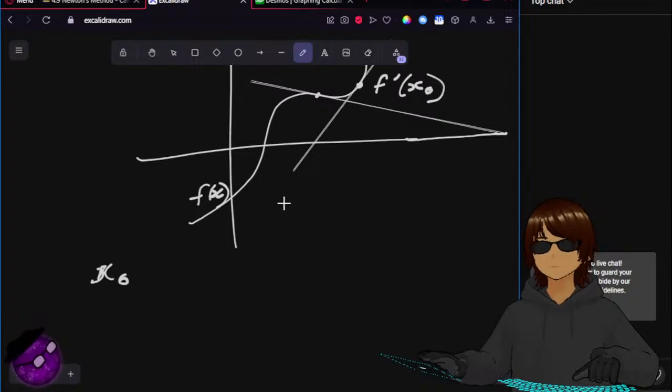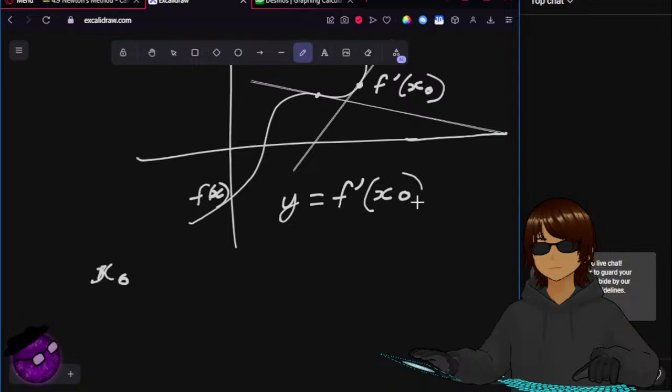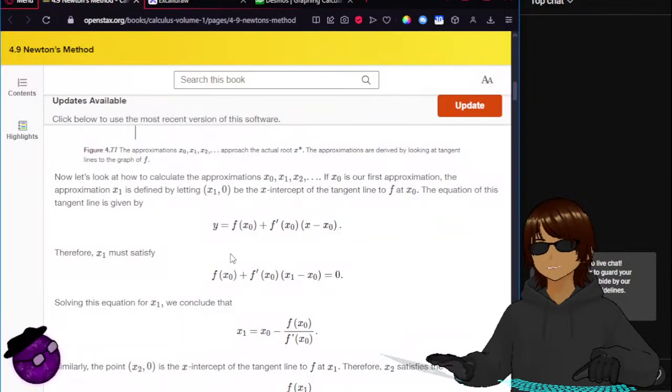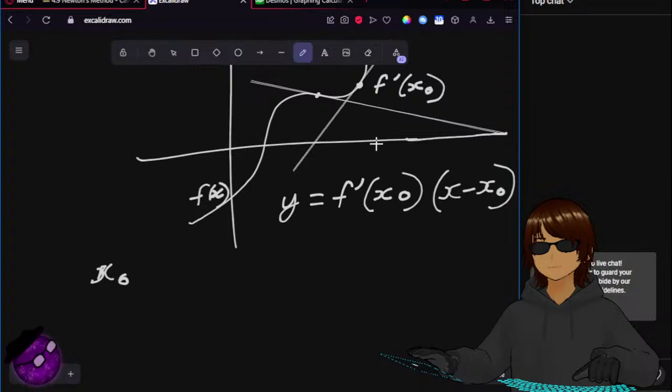And then this line would be y is equal to this, I think, plus f of x plus, yeah.